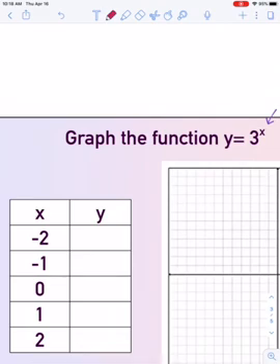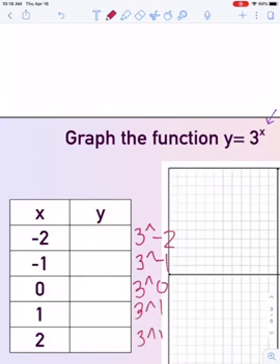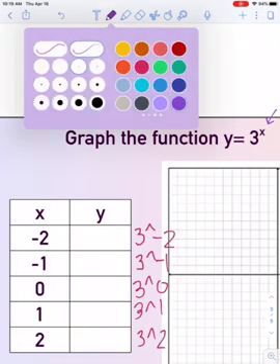So we would say 3 to the -2, then 3 to the -1, 3 to the 0, 3 to the 1, 3 to the 2, because we are just plugging these x values in for the x in the exponent.